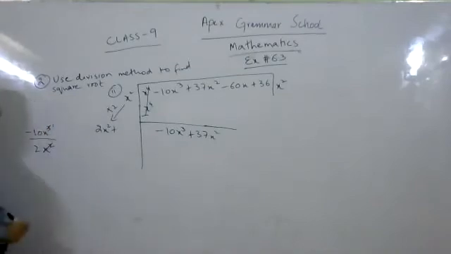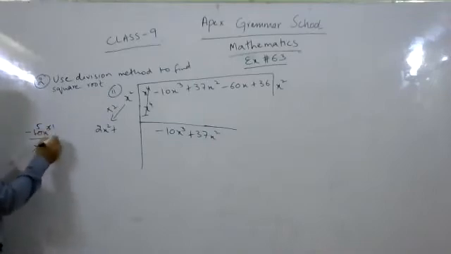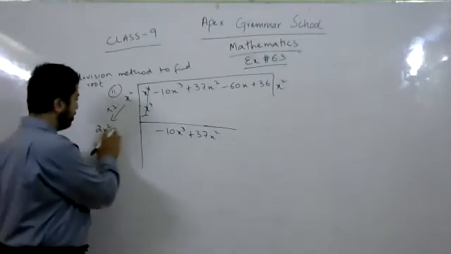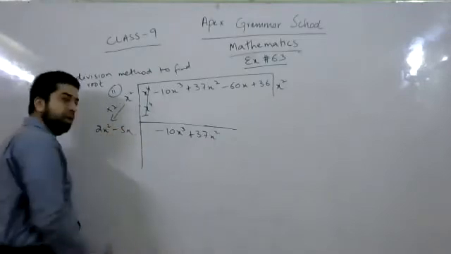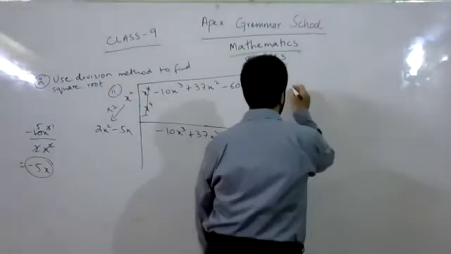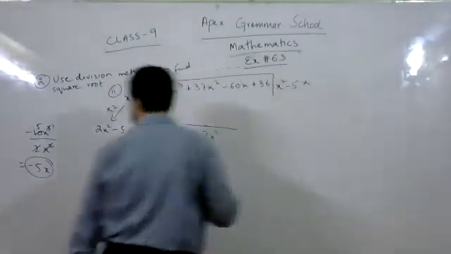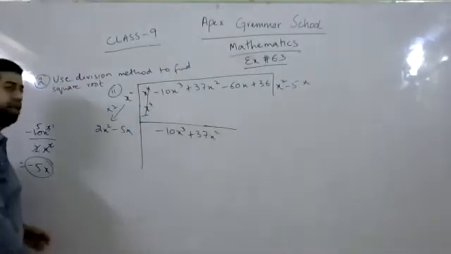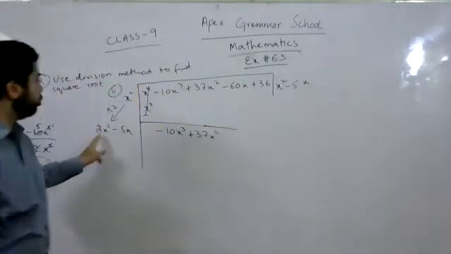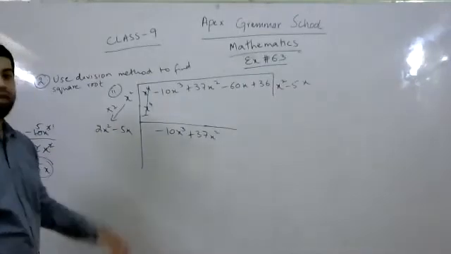X squared will cancel, leaving x raised to power 1. 2 fives are 10, so you are left with minus 5x. This is minus 5x, and again minus 5x will be here. Minus 5x will multiply with this 2x squared, that is minus 10x cubed.